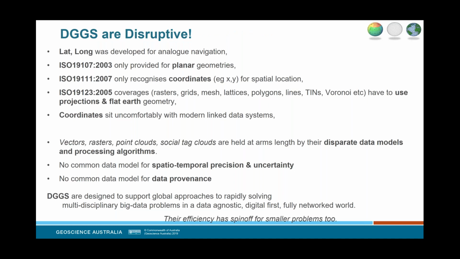So let's have a little look at the way we've identified location over time. Lats and longs were developed for analog navigation, really when we were navigating around the oceans, and that's very, very powerful. But it was for analog navigation.